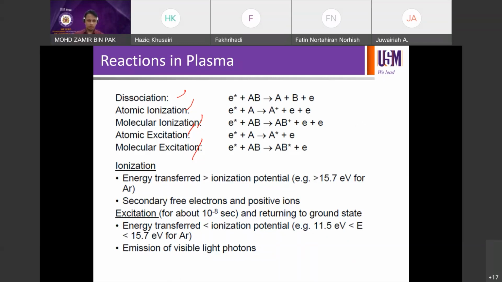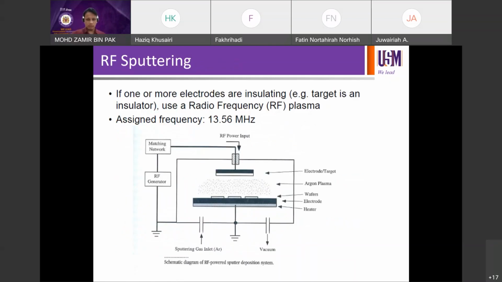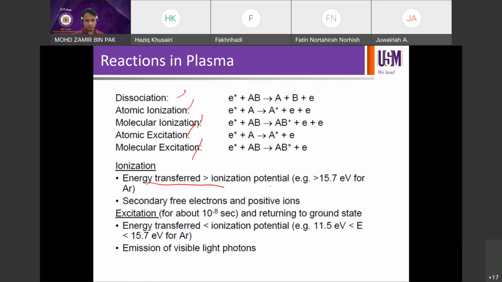So during ionization, the energy transferred is more than the ionization potential. For example, if you talk about argon gas, then you need to use energy of more than 15.7 electron volts for the ionization process.